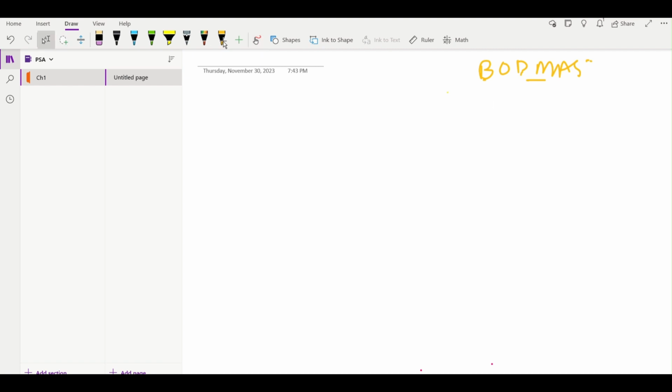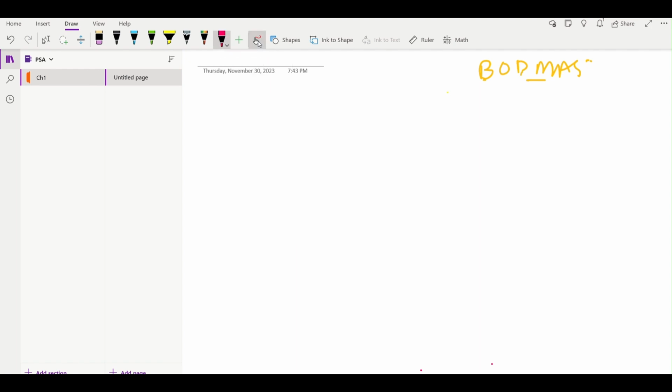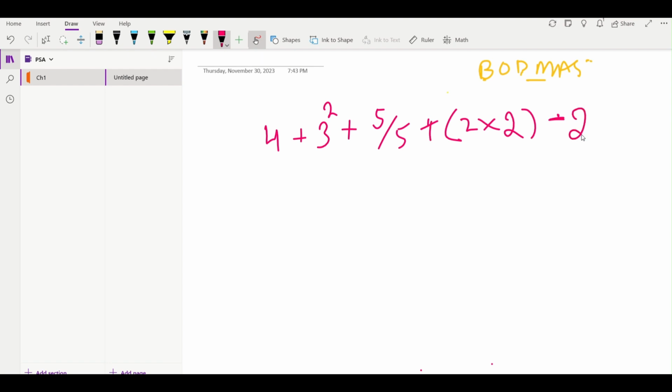4 multiplied by 3 square plus 5 divided by 5, then plus 2 multiplied by 2, then minus 20.